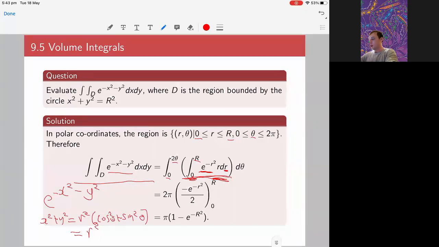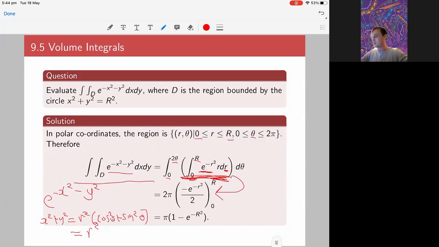Now, if we evaluate this inside integral, there's actually a step missing here. I wondered if you could tell me what particular choice of single variable integral technique I actually used to do this integral. There's not too many that we did.